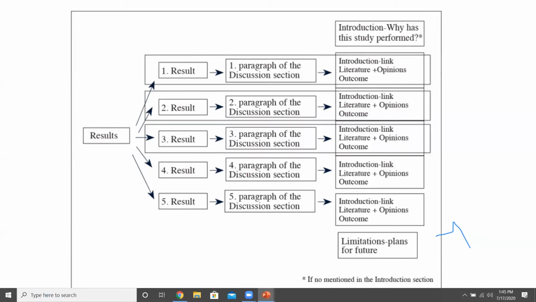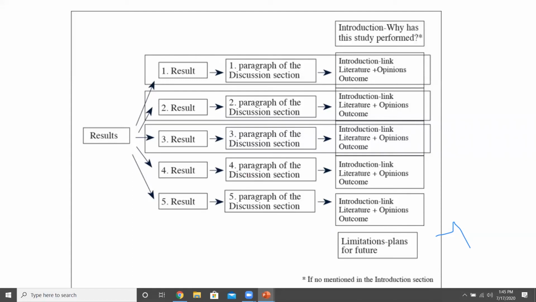For that result, that one main idea, you write an introduction, just a few sentences, your opinions, like I said, the significance of this result, and then you try to link it to the outcomes, meaning your recommendations. Where does this take me? Why is this important?